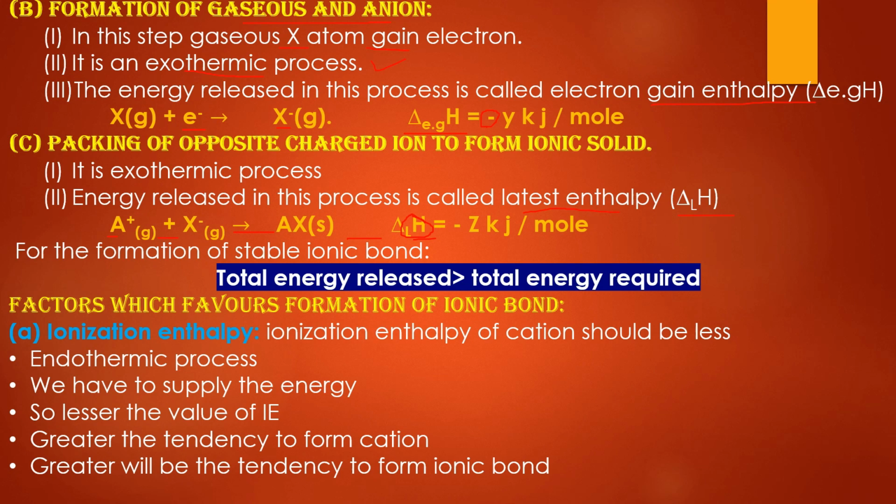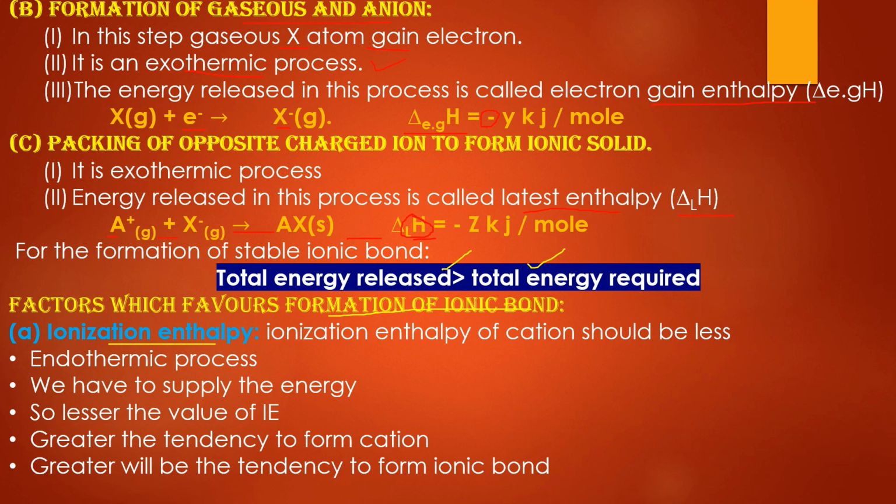Now for the formation of a stable ionic bond, the condition is that the total energy released must be greater than the total energy required. So what are the factors on which the formation of ionic bond depends? The first is ionization enthalpy. Listen, ionization enthalpy is the energy which we need to provide to a gaseous metal to convert it into a cation.